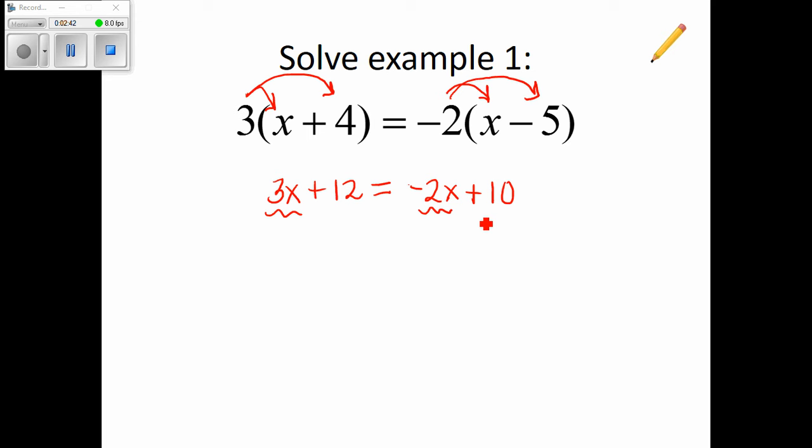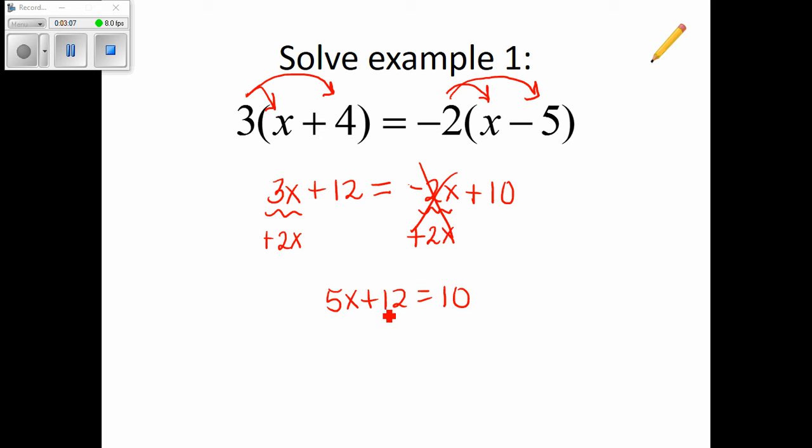So when we want to move things across the equal sign, we have to do inverse operations. So we need to add 2x to both sides. Only when you cross the equal sign do you do inverse operations, right? These cancel out. I get 5x plus 12 equals 10.